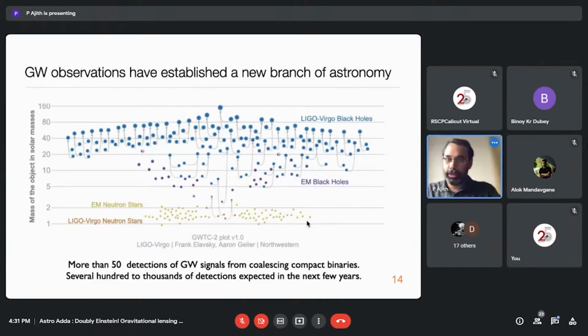With each modest improvement in the sensitivity, there is a significant increase in the volume that these detectors can reach in the universe, and an expected significant improvement in the detection rate. So if we continue improving the sensitivity in the same way, in the next few years we will be detecting thousands of gravitational waves. So we are really opening up a new branch of astronomy by the observations of these signals.